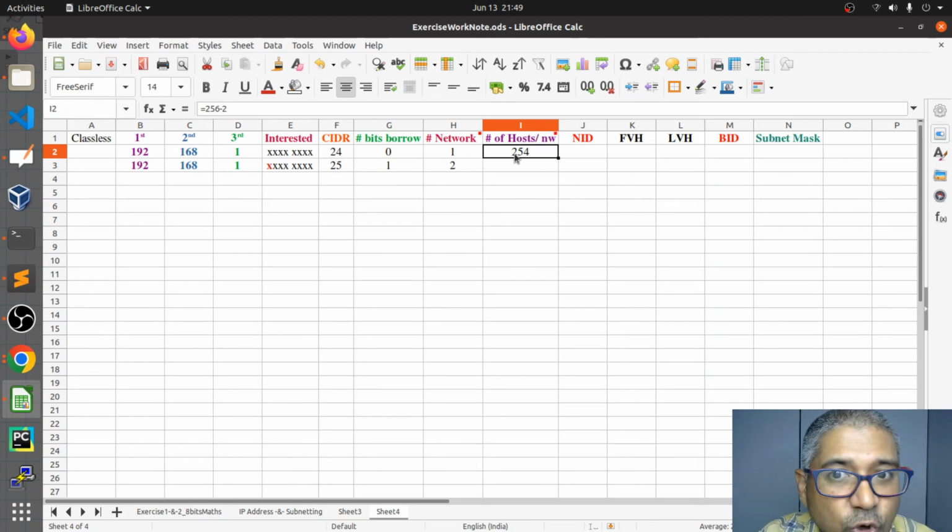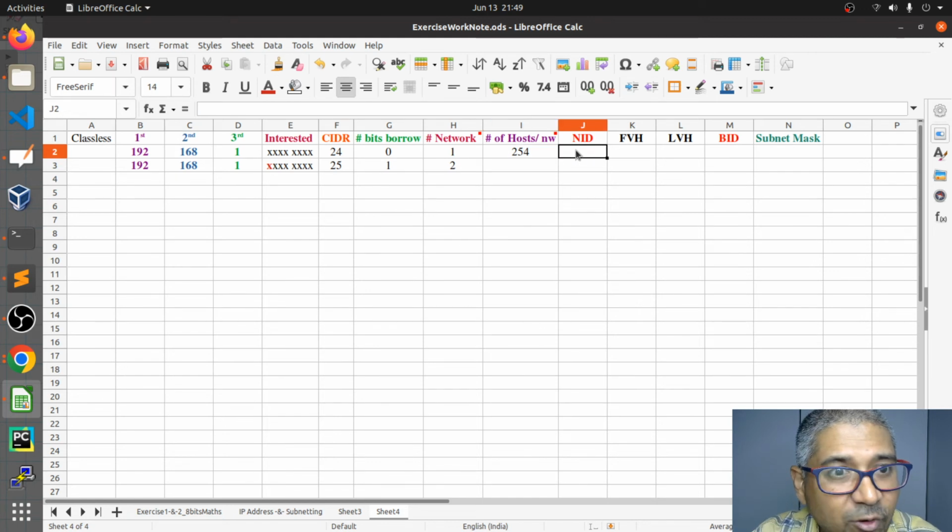Okay. So in this network there are 256 IPs, one IP reserved for the network IP, one IP reserved for broadcast. So how many hosts in this network? 254. The network ID will be the first IP.